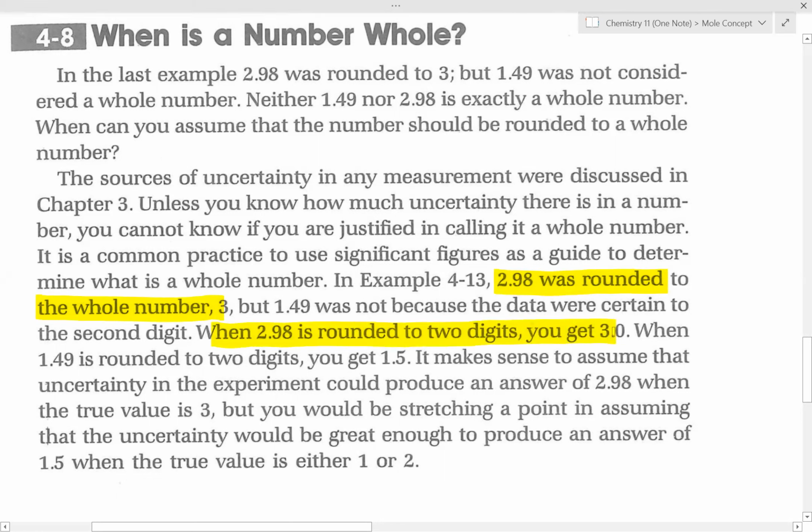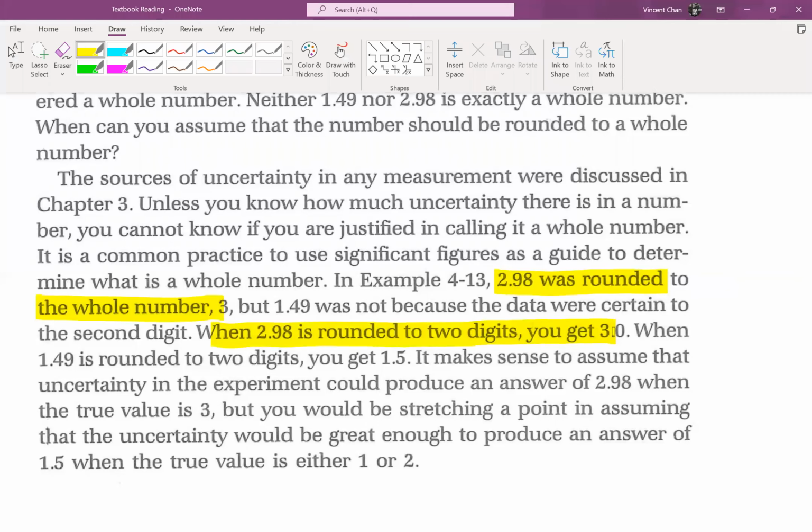It's like when you go shopping and see the price tag $2.99. You say, okay, it's basically $3. But if you get 1.5 or something similar, it's very difficult to round it up or down. So ultimately, it's a judgment call, and that's something you will get used to with extended practice.